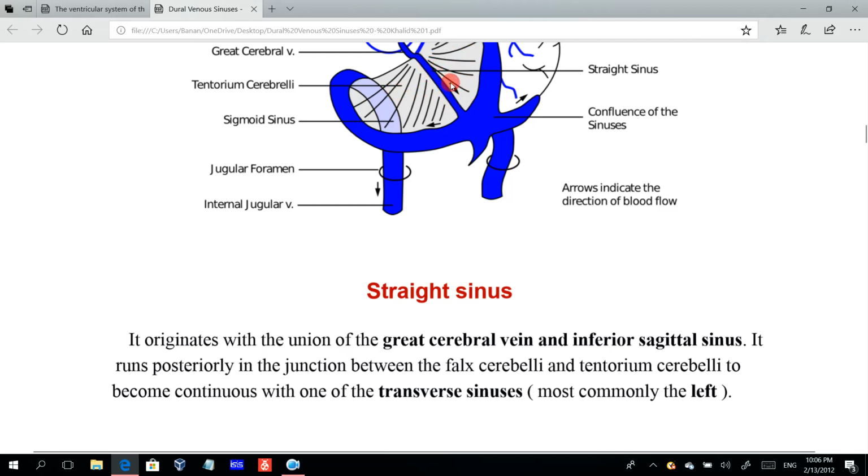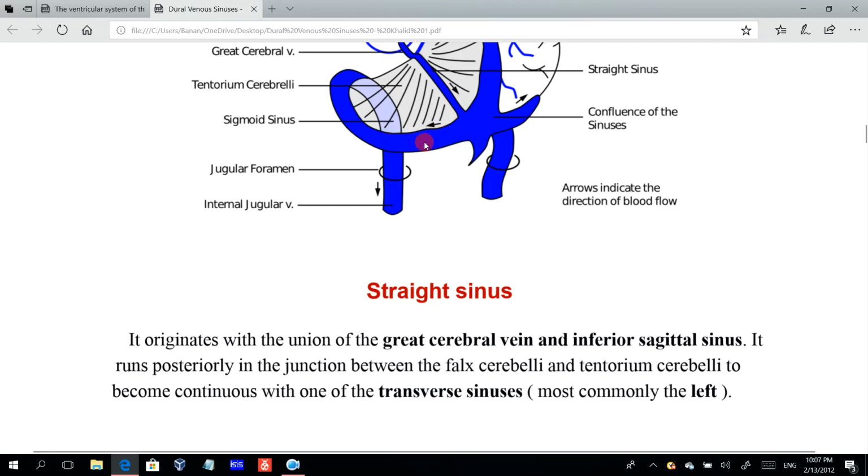And also, of course, you see the flow of blood goes posteriorly to the confluence of the sinuses. When it reaches the area of confluence here, the direction of blood will pass to this sinus, which is called a transverse sinus.